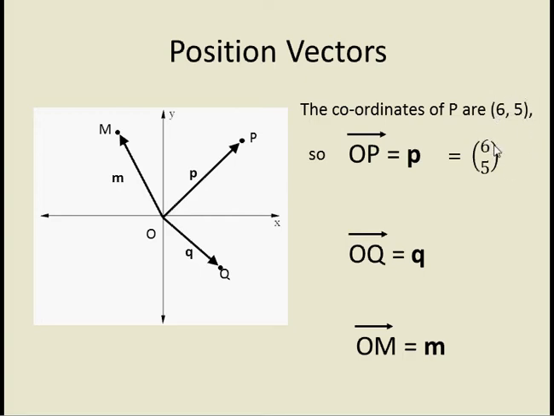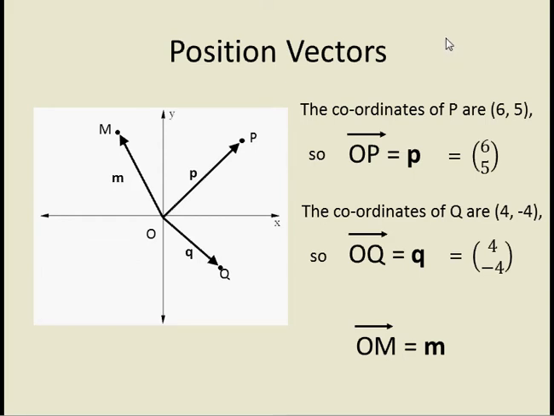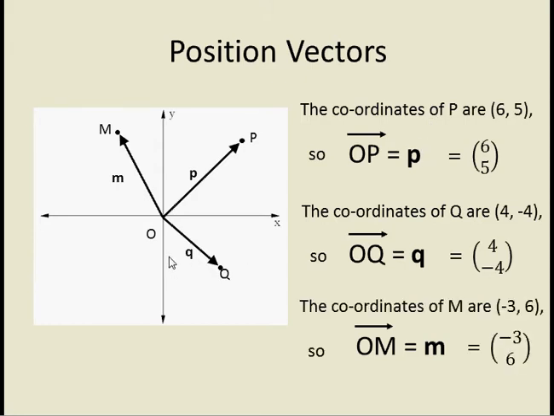Position vectors are written as column vectors or in component form, 6i plus 5j. Same with Q. Q is (4, -4), so position vector OQ, or q, is (4, -4). Same with OM: the coordinates are (-3, 6), and the position vector is -3i plus 6j.